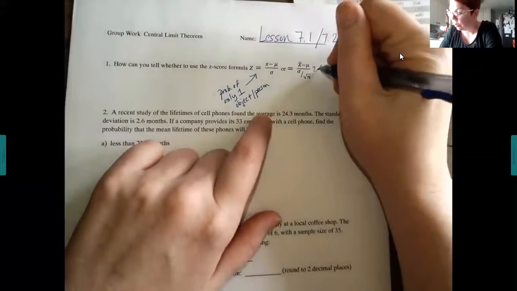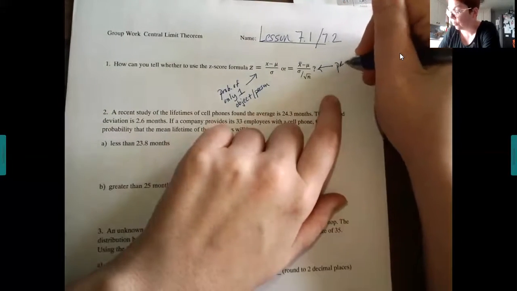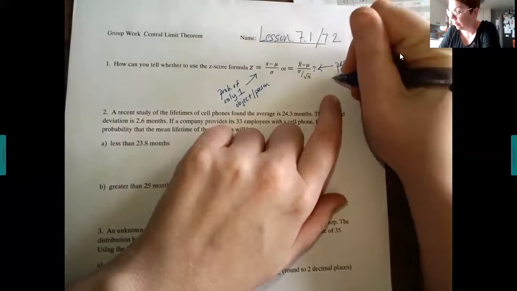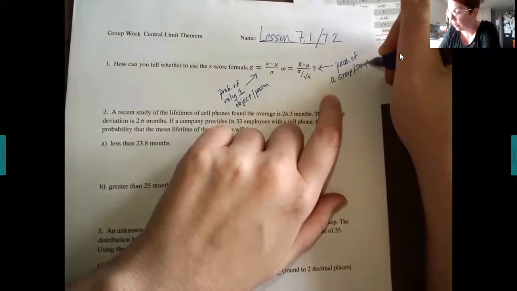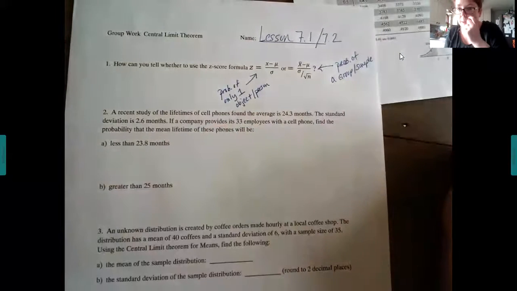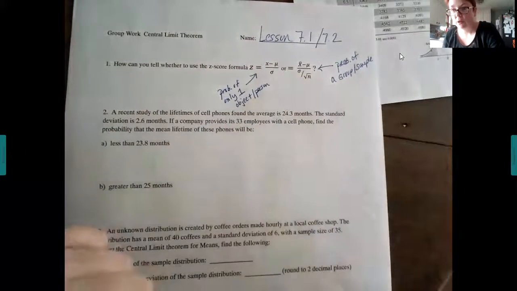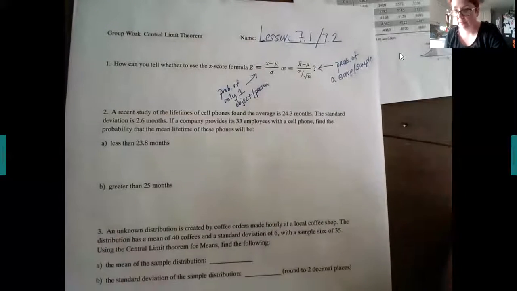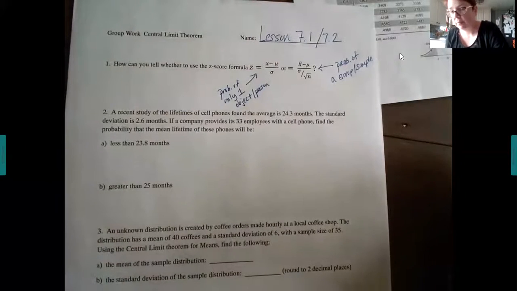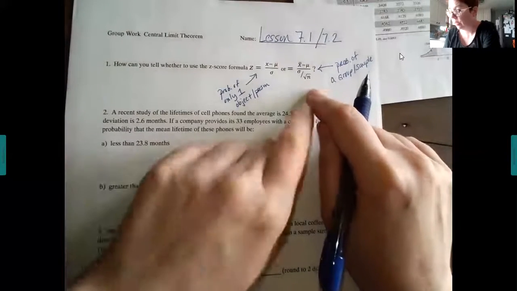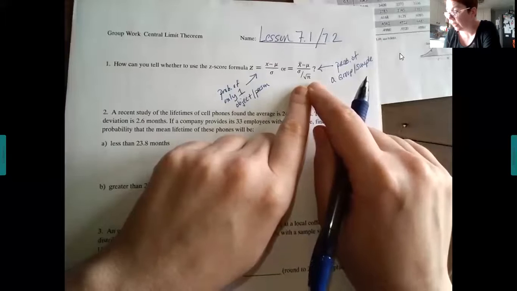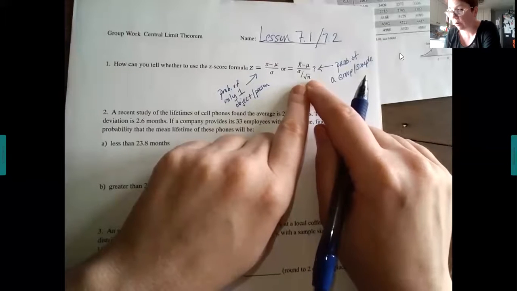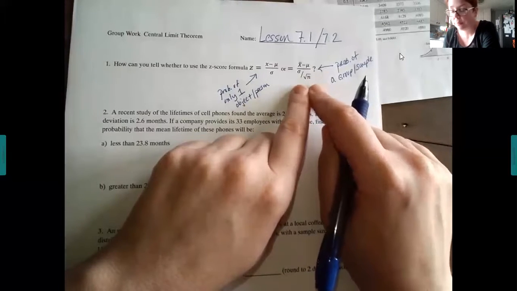You're going to use this formula when it's asking for the probability of a group or a sample, something to that effect. Now, if you want to just keep one formula all the time, that's cool. Just use this one, because if you have a sample that's greater than 1, you have to use this formula.